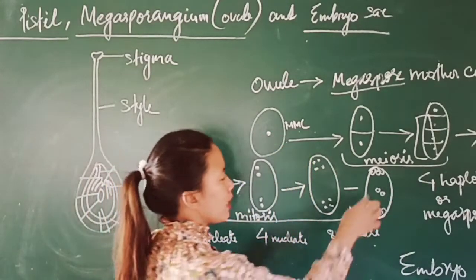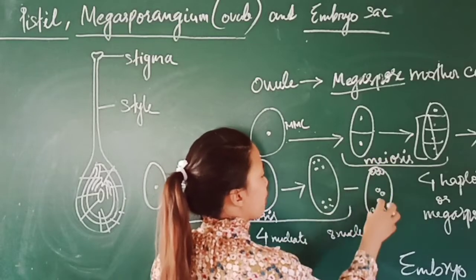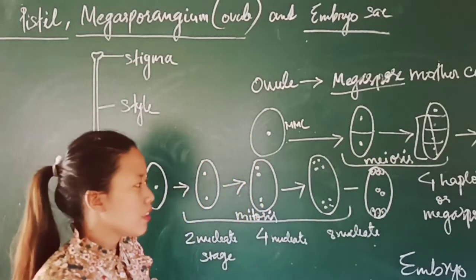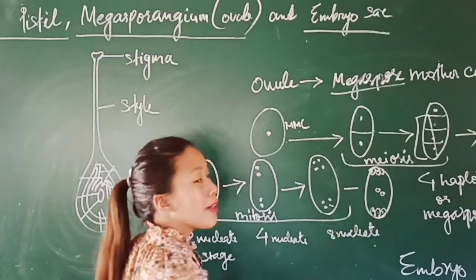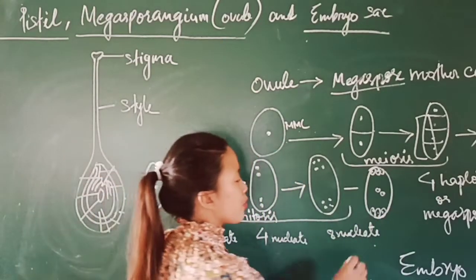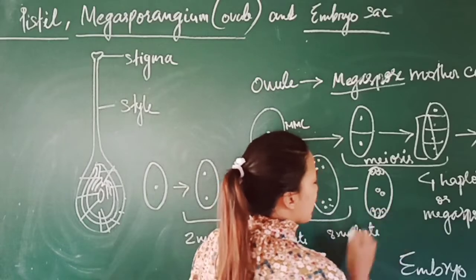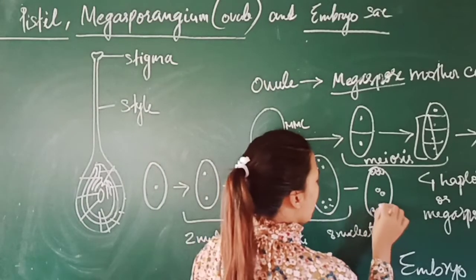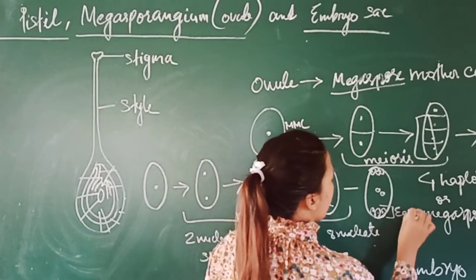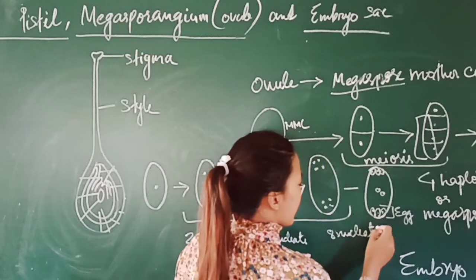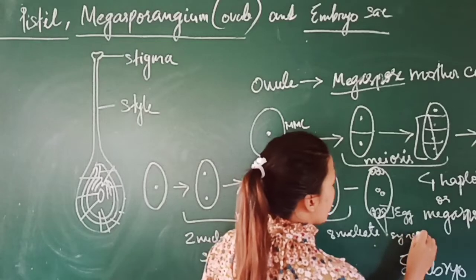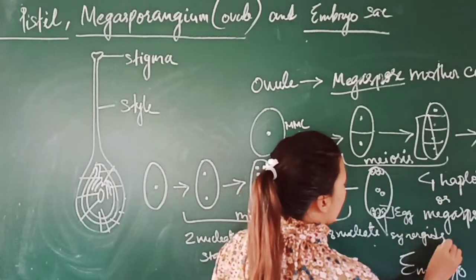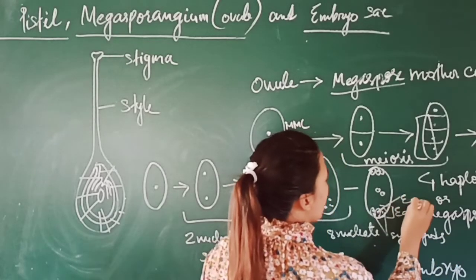Towards the micropylar region, we have the egg apparatus. In this egg apparatus we have 2 synergids and the egg cell.